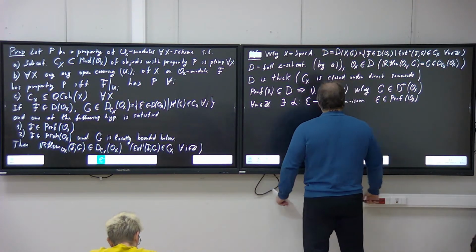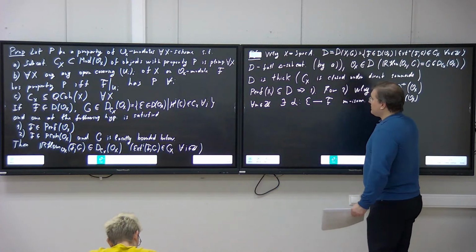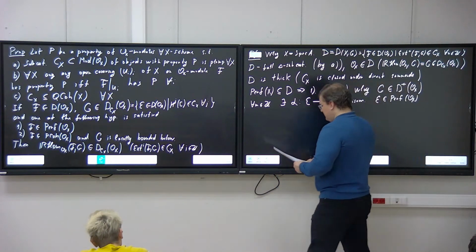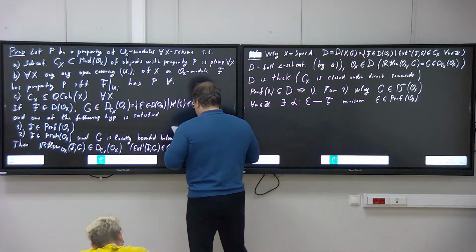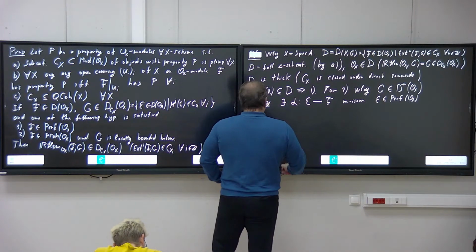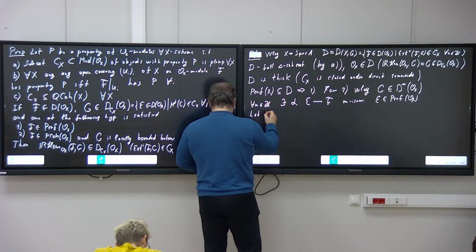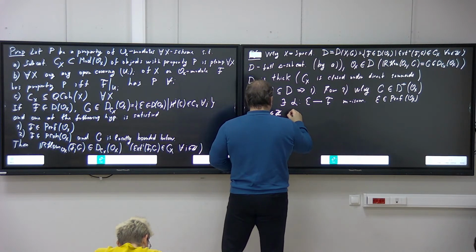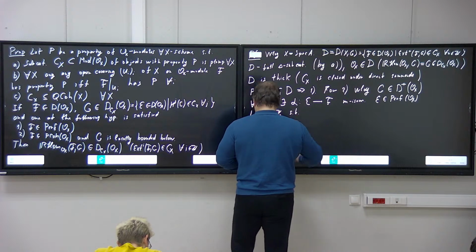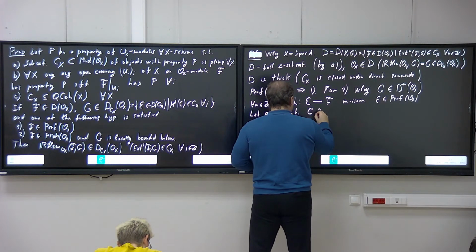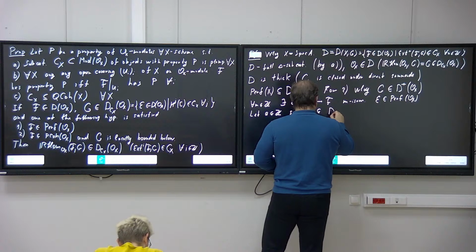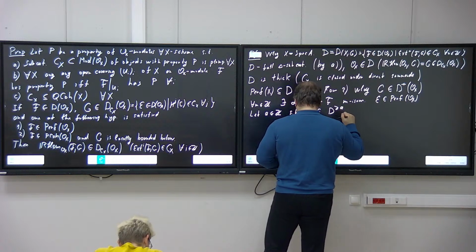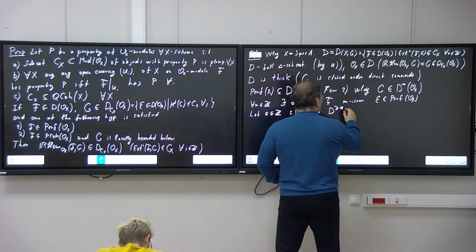I can write strictly perfect, but this is just an affine situation. It's the same thing. Now let me fix some notation. So let A be an integer such that G actually lives in the D greater or equal than A, OX.